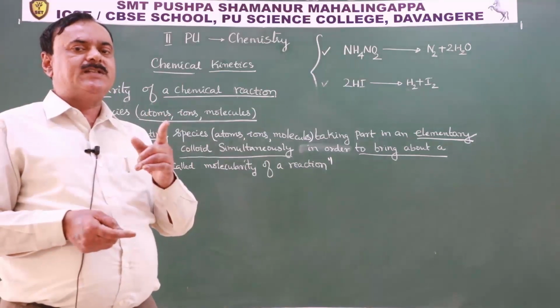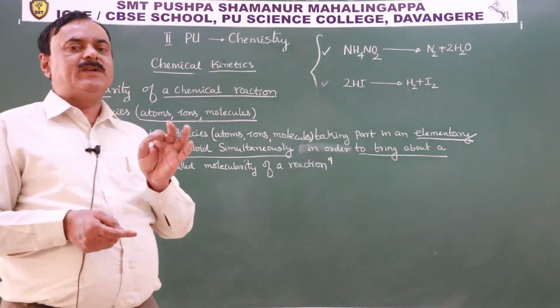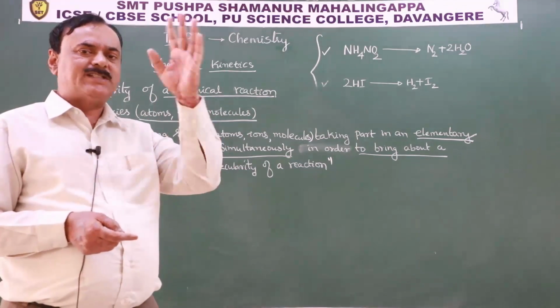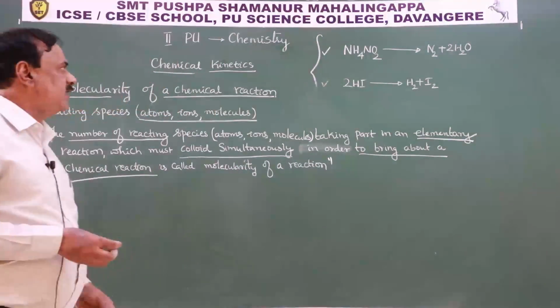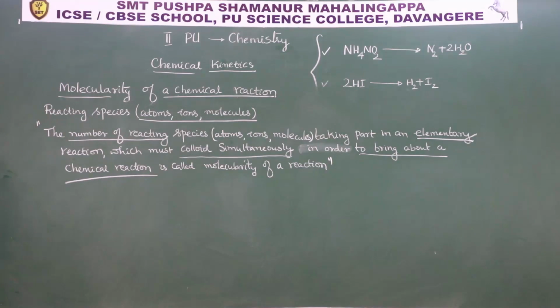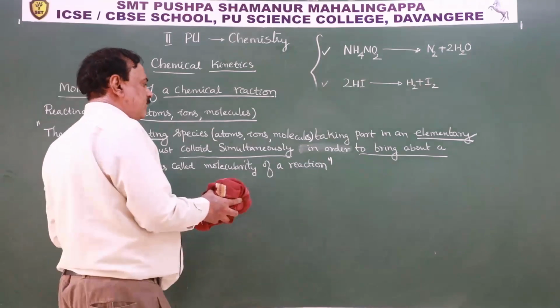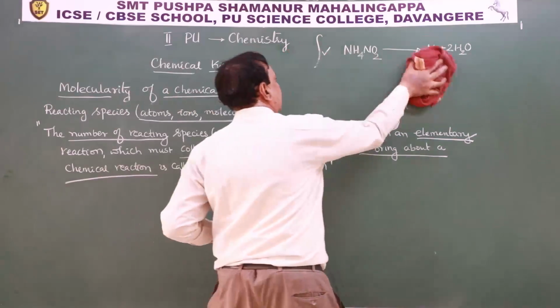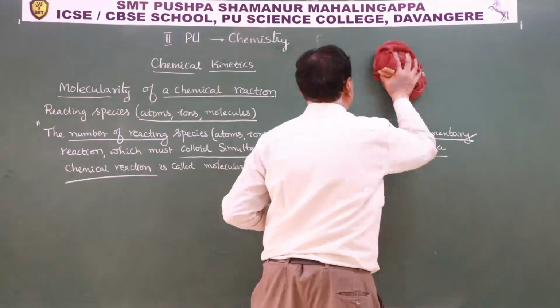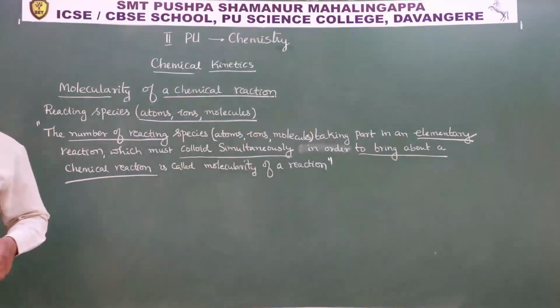Molecularity of a chemical reaction is not a fraction. Molecularity of a chemical reaction is not 0. These three points are very important. Molecularity of a chemical reaction is always a whole number. You have to write: molecularity of a chemical reaction is always a whole number.